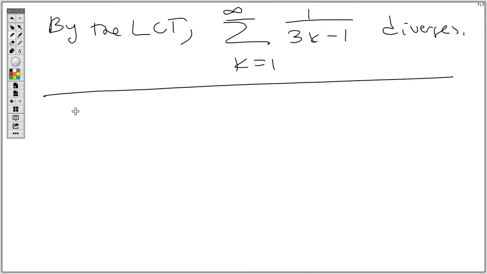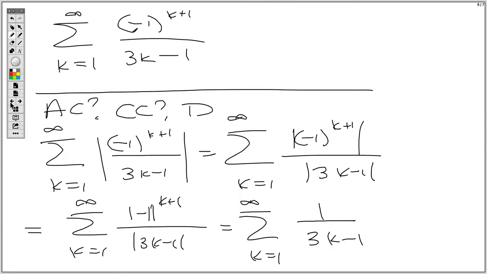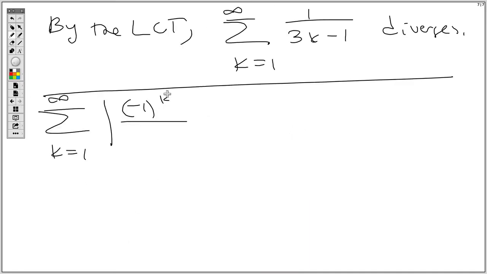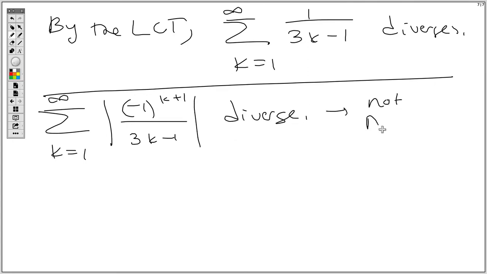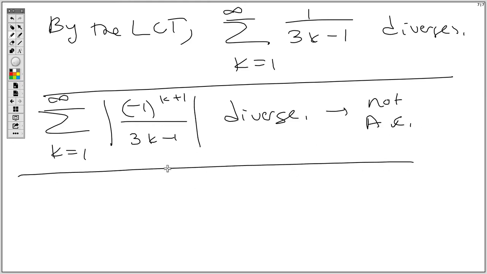Okay, so the series we started with, k equals 1 to infinity, when we looked at the absolute values, the absolute values diverge. All right, so that means it's definitely not absolutely convergent. Let's see if it's at least convergent. So now we have to look at the series as given to us.